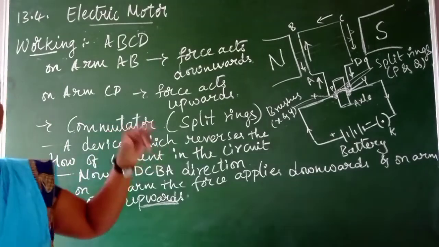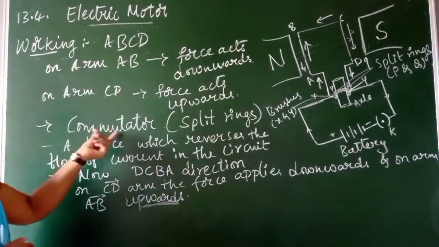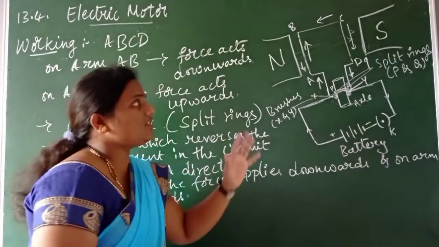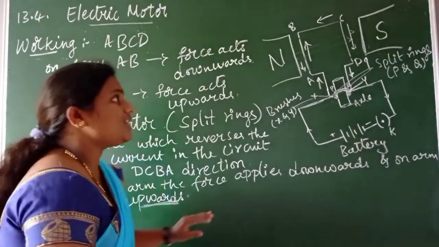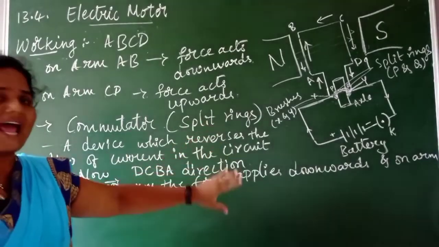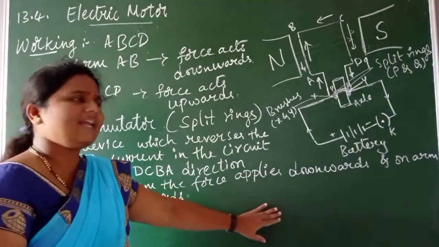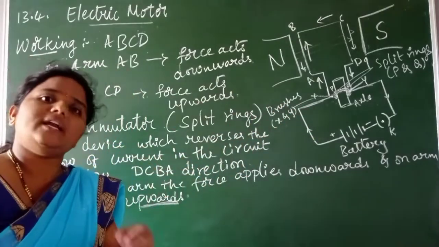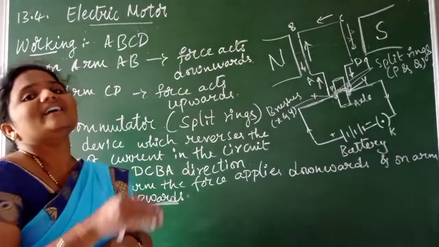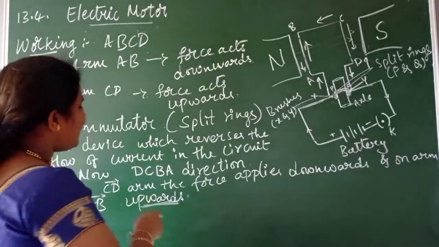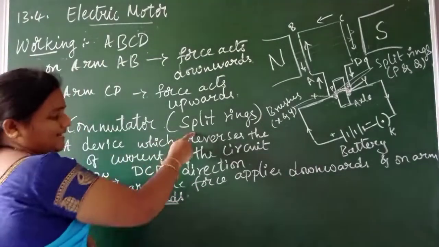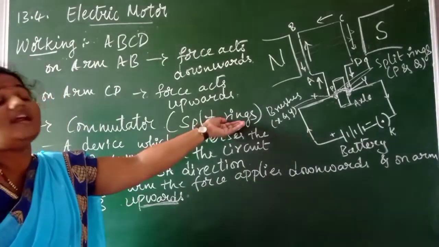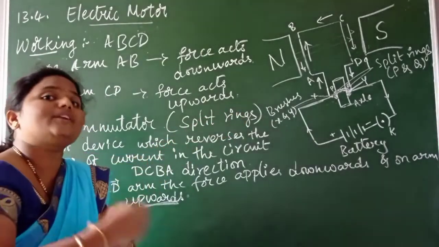With the help of a commutator, we are getting a complete rotation in the coil. Initially what happened? The coil and axle started rotating half a turn in the same direction. But with the help of this commutator, split rings, the coil has started a complete rotation.